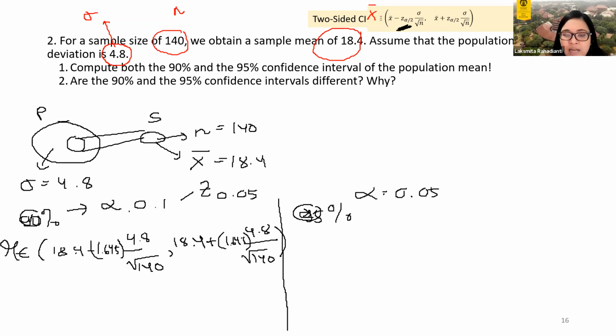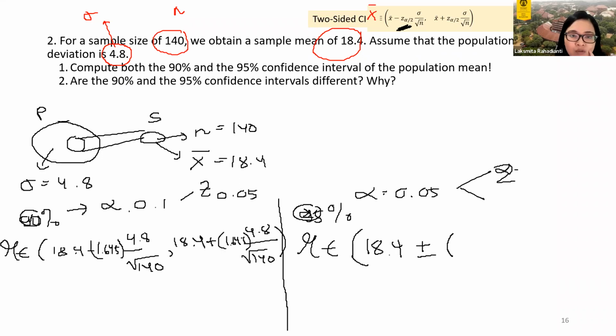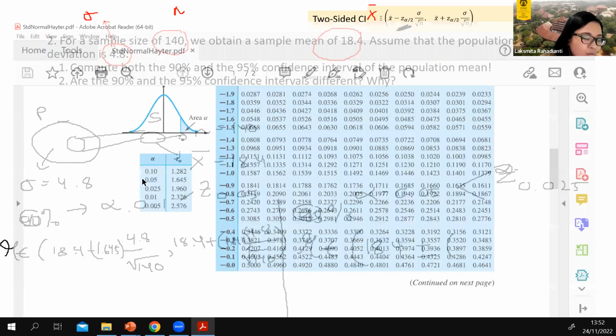Similarly, if I use a 95% confidence interval, then my mu would fall in the range of 18.4 plus or minus z. Note that it's the same, but I need to compute z of 0.025. Do we have that information? Yes, we do.